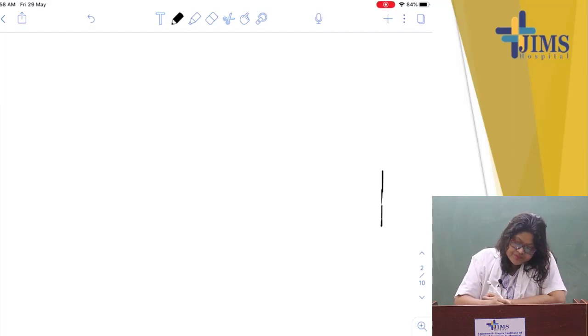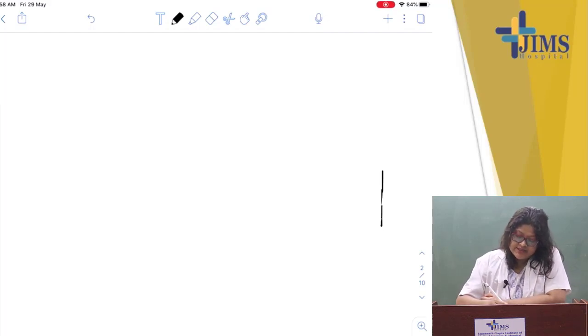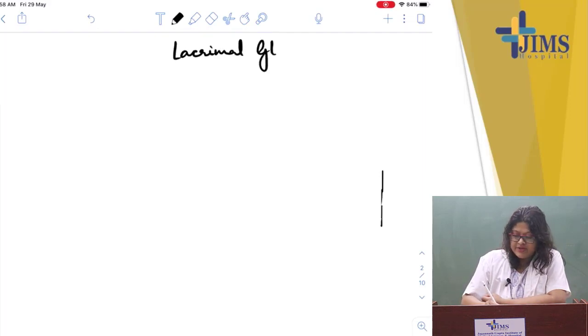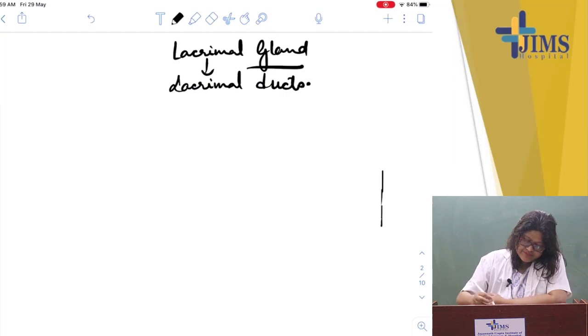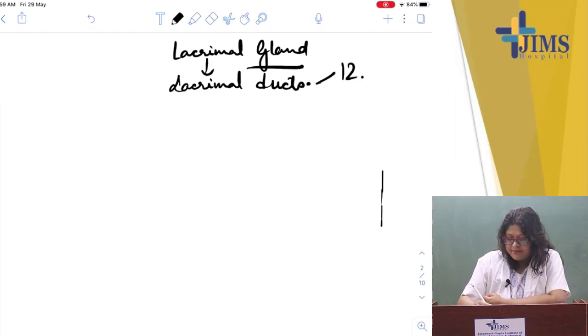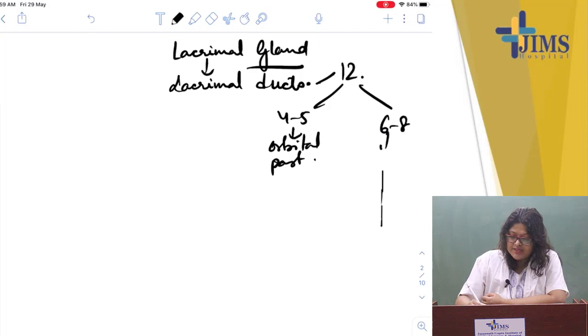So if we see this lacrimal gland, which is having two parts, it has lacrimal ducts, 12 in number, almost 4 to 5 from the orbital part and 6 to 8 from the palpebral part.